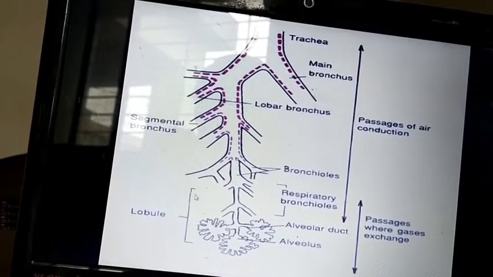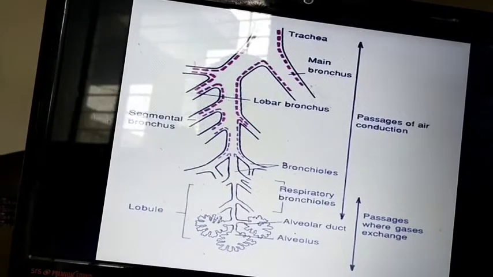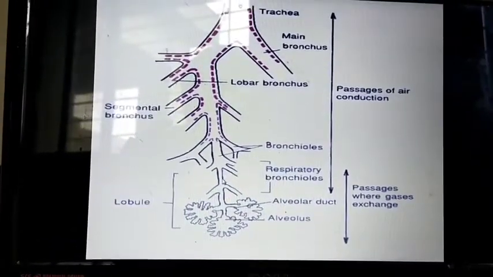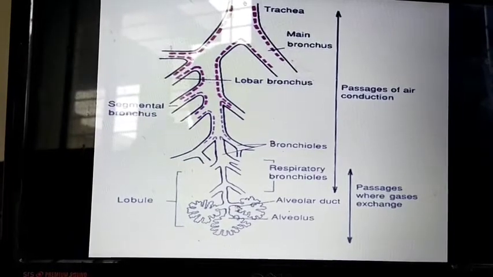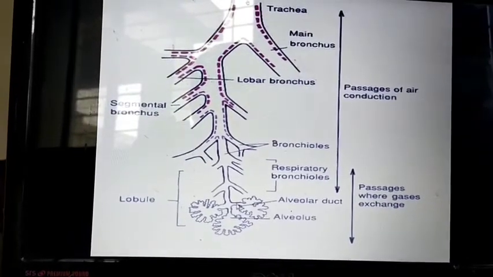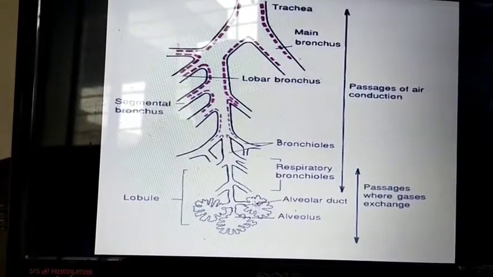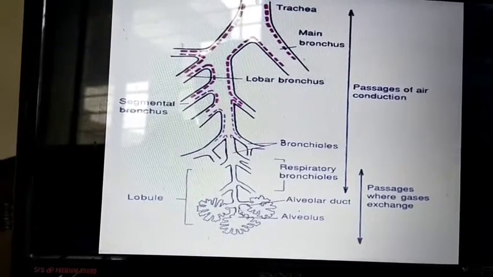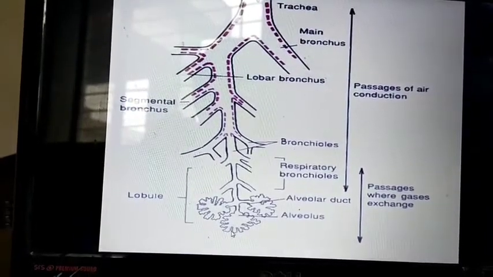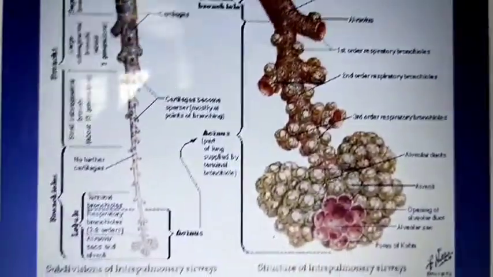From the respiratory bronchioles onward, everything is called a lobule. Then the respiratory bronchioles further divide and attach to the alveolar duct. You can see here this is the alveolar duct, and these are the alveolar sac-like structures. The alveolar duct contains multiple alveolar sacs, and the alveolar sacs contain multiple alveoli. You can see this in the picture.